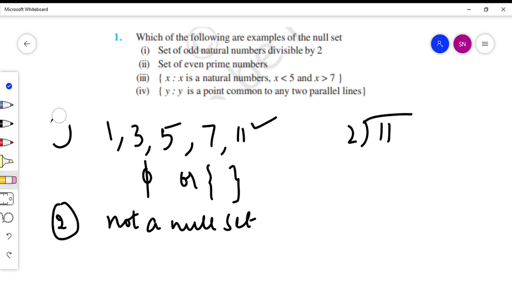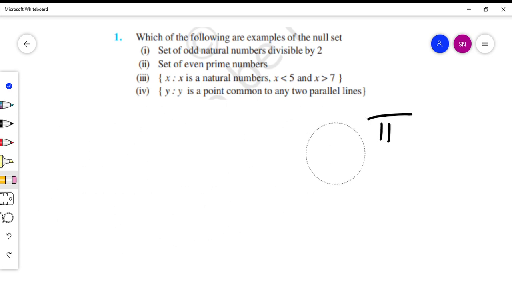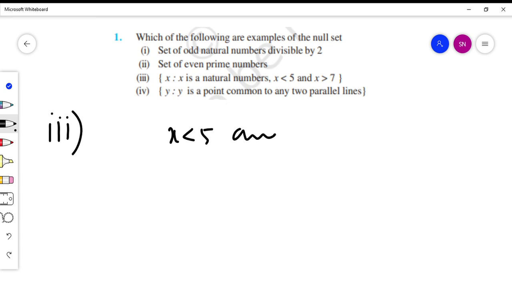Let me erase all of it so that I can explain the third one. Here the third one says x is a natural number where the value of x is less than 5, and one more condition is the value of x is greater than 7.